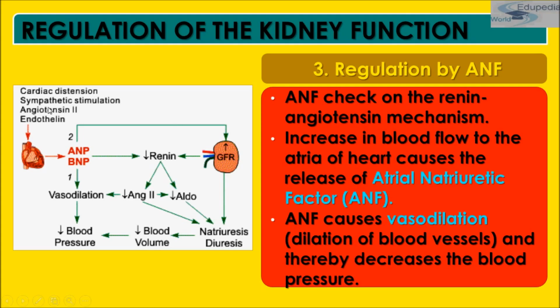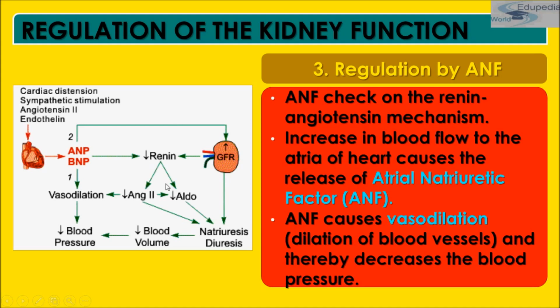Cardiac distension, sympathetic stimulation, angiotensin II, endothelin. Okay, so it goes to the ANP, and it causes lowering of renin production, and hence if renin concentration is reduced, then automatically angiotensin II will reduce. As you can see, this down mark is showing the reduced concentration of angiotensin II.